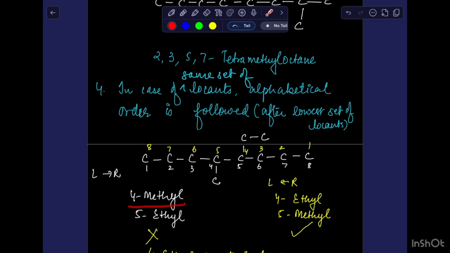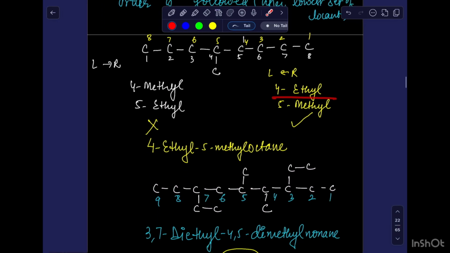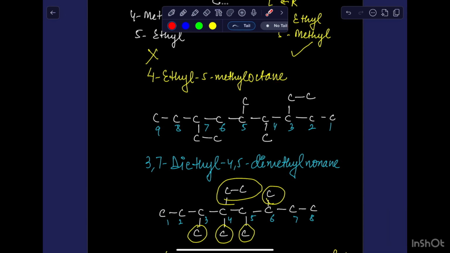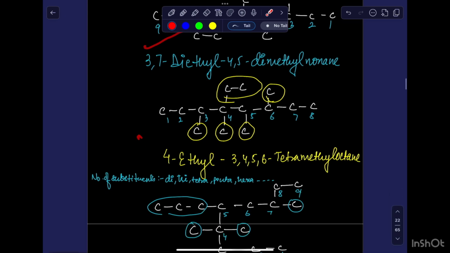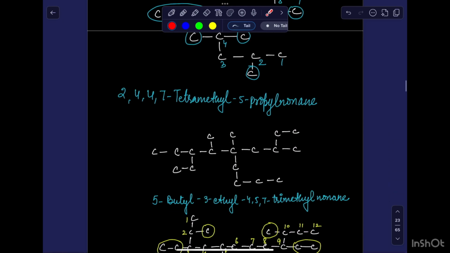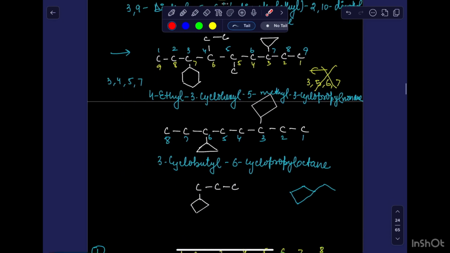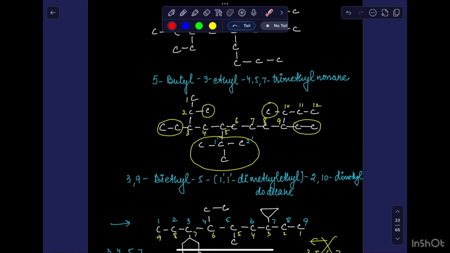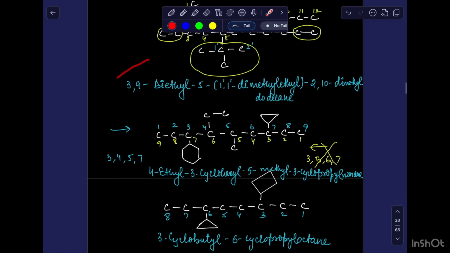So right to left is the preferred way, so that ethyl can get the lower locant. First is the lowest set of locants and second is the alphabetical order. You can pause the video and practice all these examples, and I have written their answers also. These cyclic ones are not important for CBSE as of now, but if you are preparing for JEE and NEET, you can practice them as well.